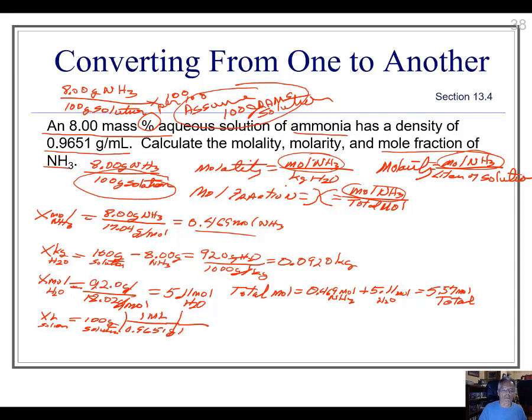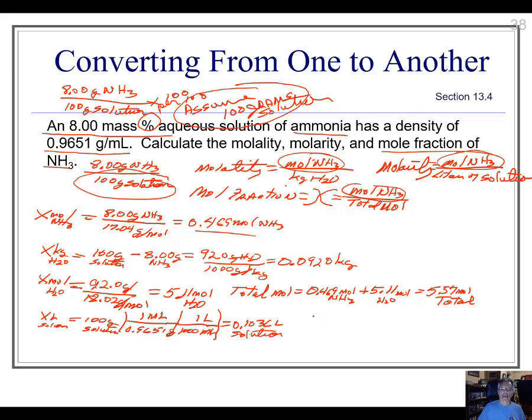I'll go ahead and convert milliliters to liters by dividing by 1,000, and there I go. So that's going to be 100 divided by 0.9651 divided by 1,000, and that gives me 0.1036 liters. This is my solution volume in liters.